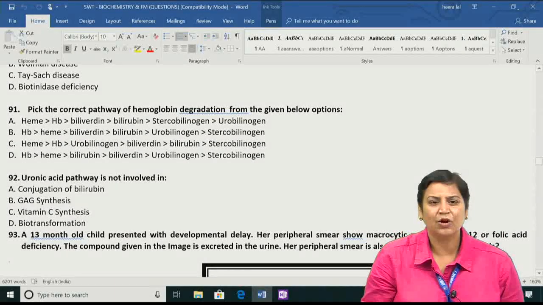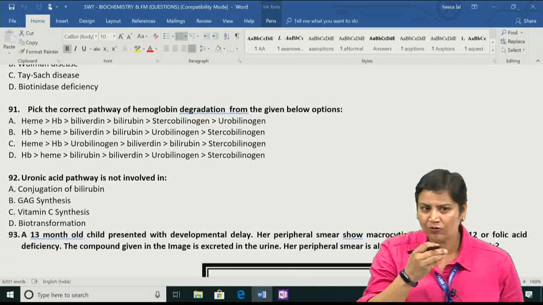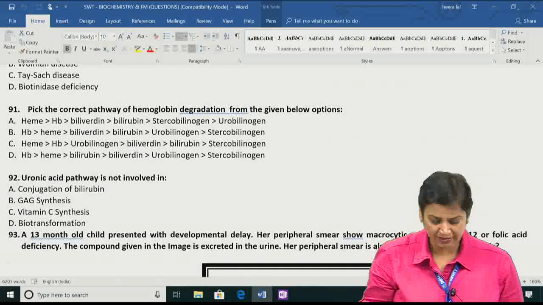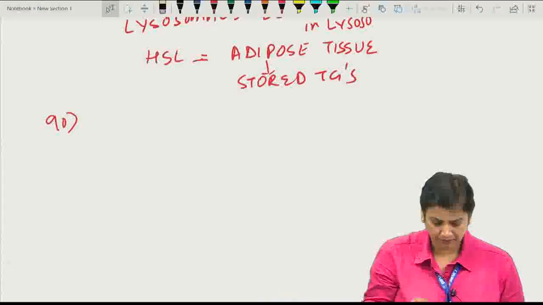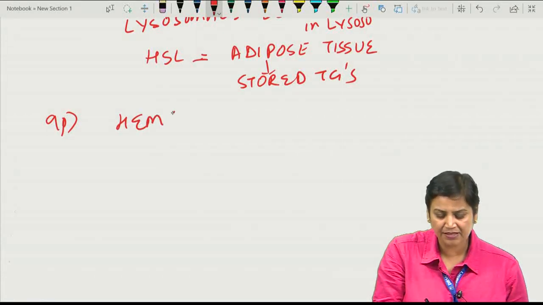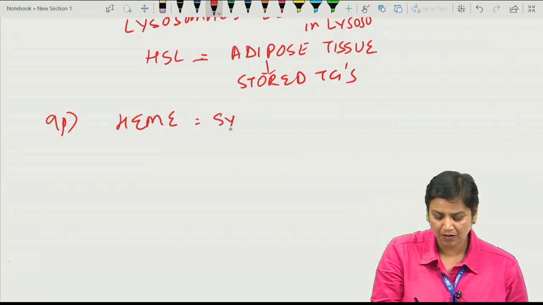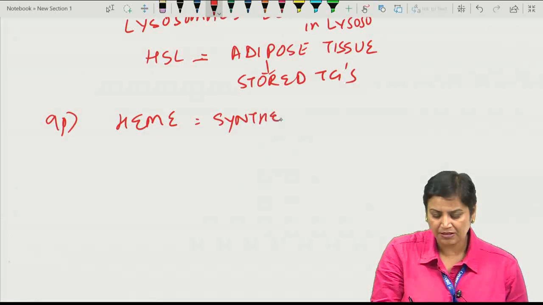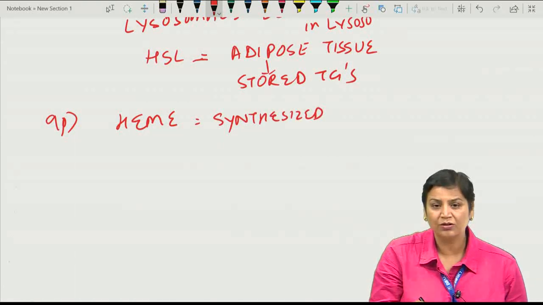Pick the correct pathway of hemoglobin degradation from the given options. Now we know heme is synthesized. Similarly, it is degraded also.